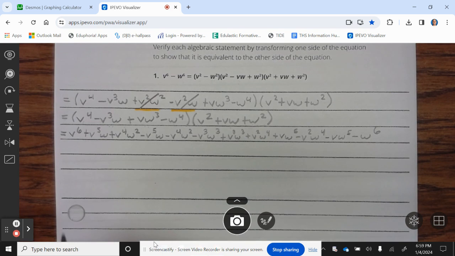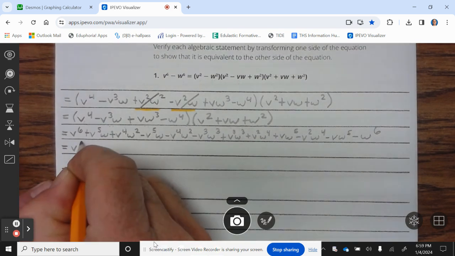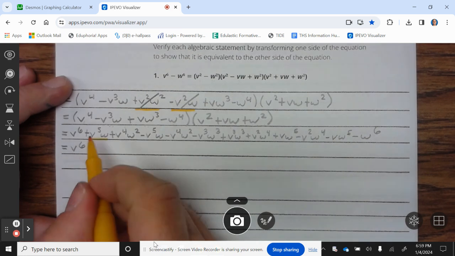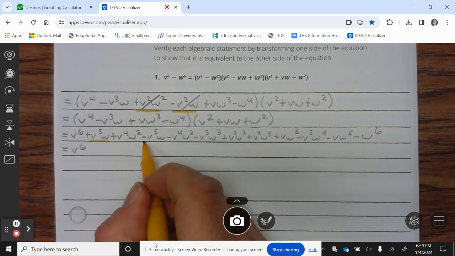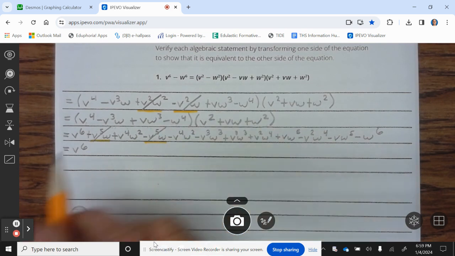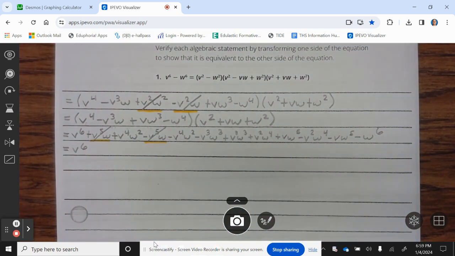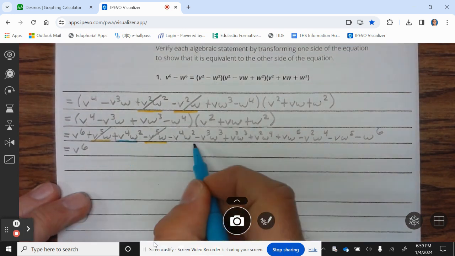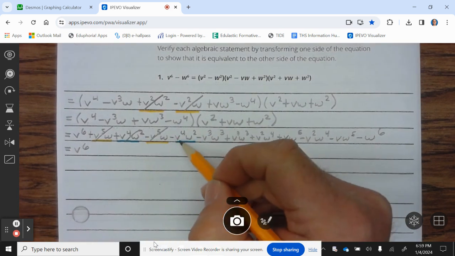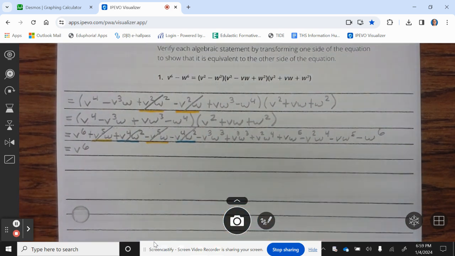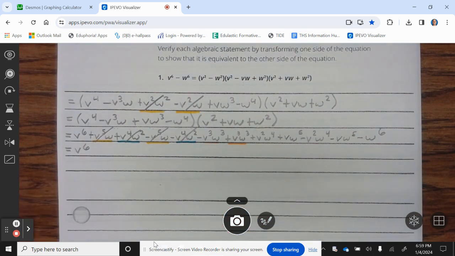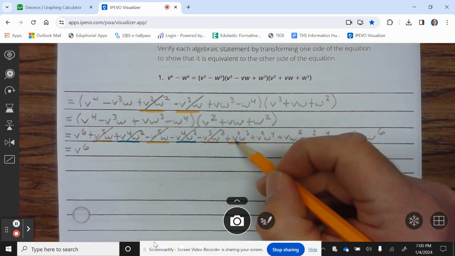All right, now let's combine terms. We have v to the 6th. Now let's see if we have v to the 5th w. Those cancel. V to the 4th w squared. They cancel. These cancel.